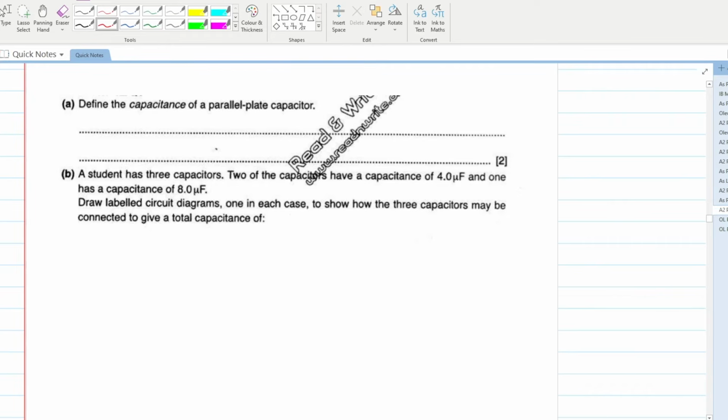Define the capacitance of a parallel plate capacitor. So what will you say? When a voltage is applied across the plates, what happens?